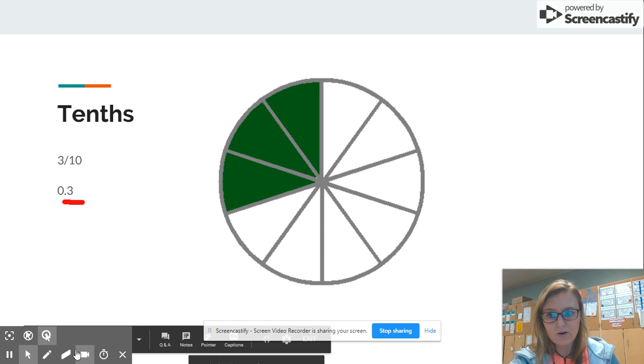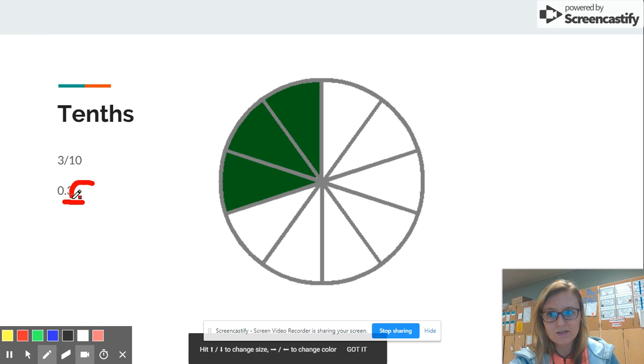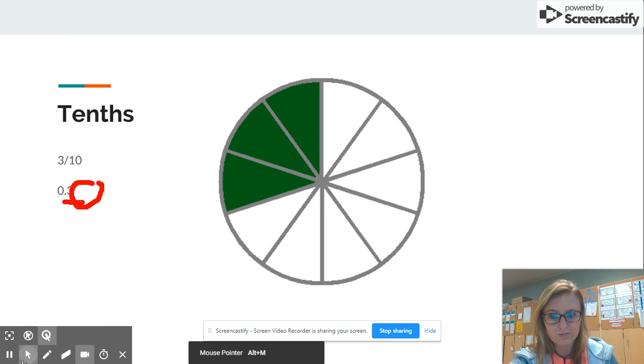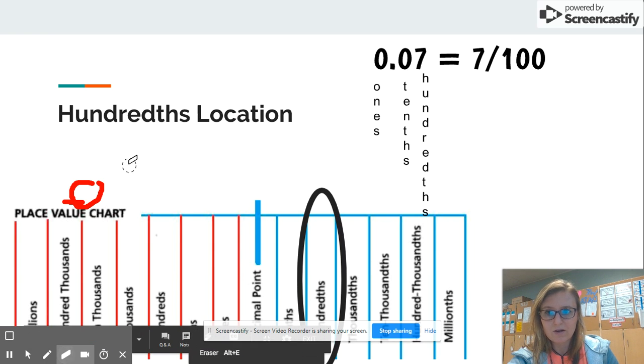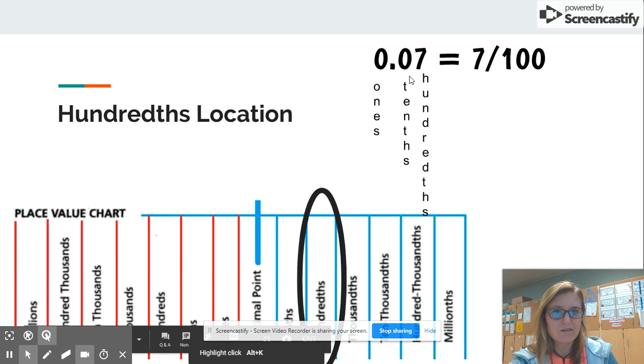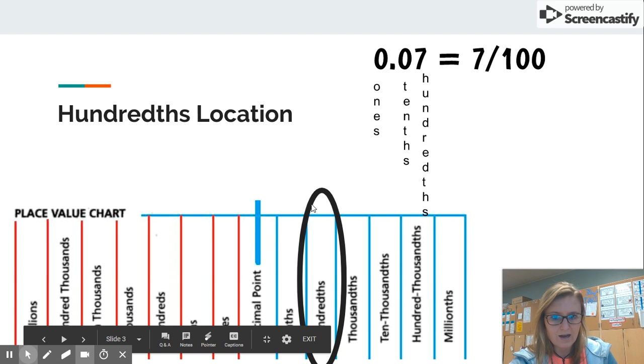Okay, so now we're going to explore what comes after the tenths place, and that is called the hundredths place. So let's take a look at that. The tenths place comes right after the decimal, and after the tenths place is called the hundredths place. As you can see down here, I have it circled.